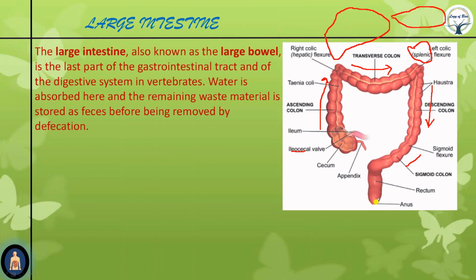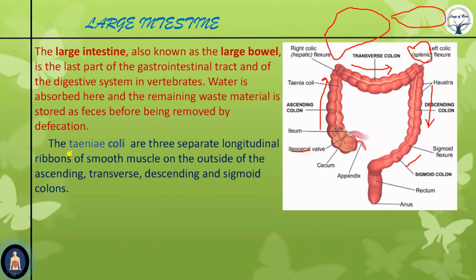Okay, remember, stool is egested but urine is excreted. Now taeniae coli. See, taeniae coli are 3 separate longitudinal ribbons. These orange-shaped ribbons are taeniae coli. They are generally shorter in length than the large intestine. Large intestines are longer than taeniae coli.